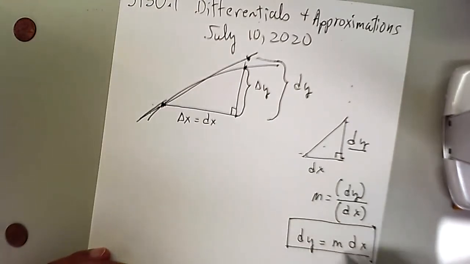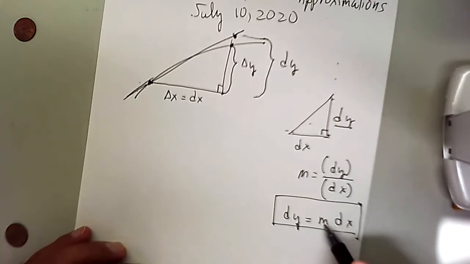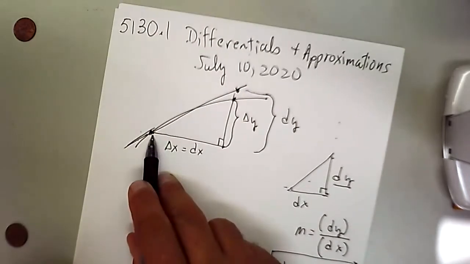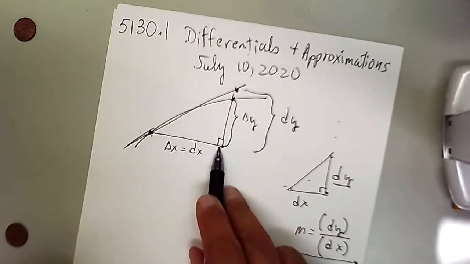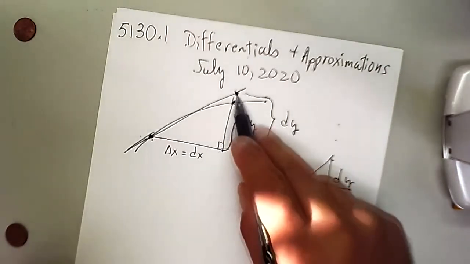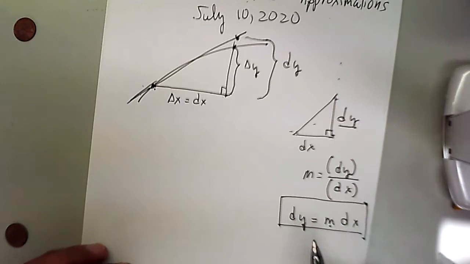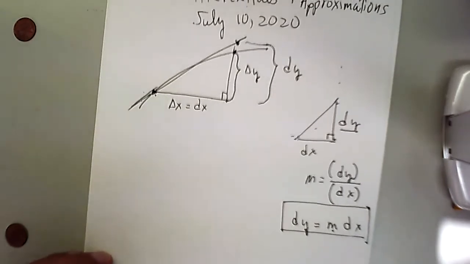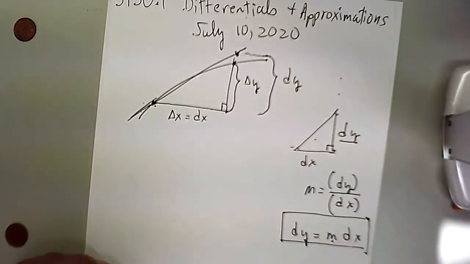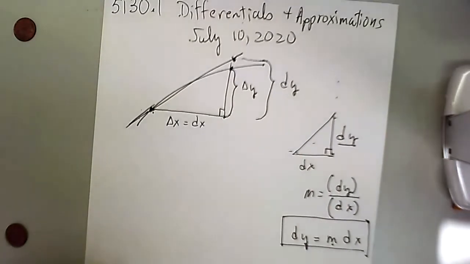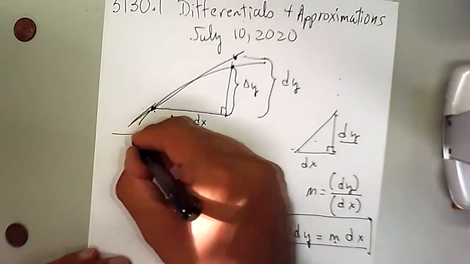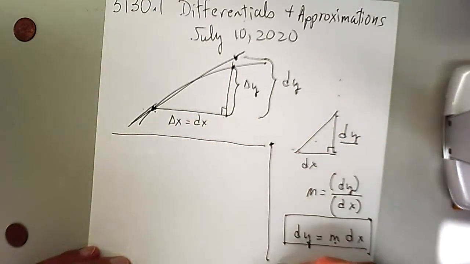The differential of y is the slope at that point multiplied by how far we go out, and that gives us dy. That's the definition of the differential of y relative to x. So all of this is Calc 1. How are we going to do that in Calc 2? We're going to put a division here.